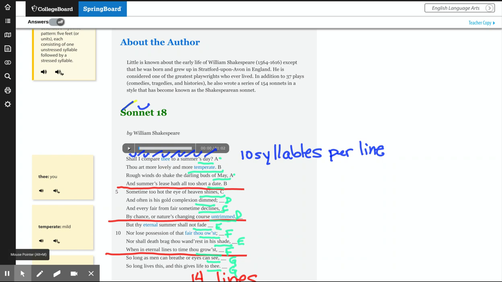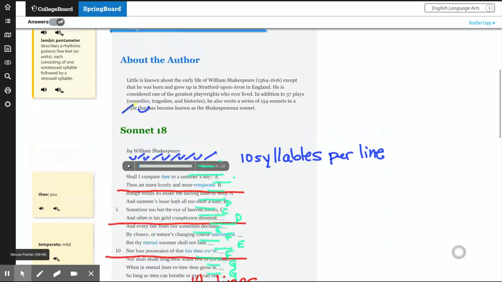In addition to 37 plays, comedies, tragedies, and histories, he also wrote a series of 154 sonnets in a style that has become known as the Shakespearean Sonnet, which we just broke down. And actually, if you like math, the sonnet might be one of your favorite types of poetry. They are really fun to challenge yourself to write.